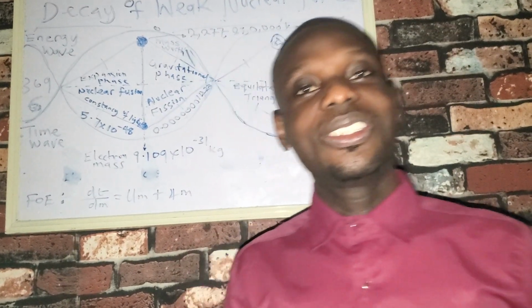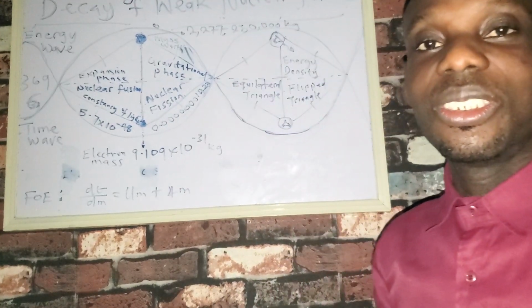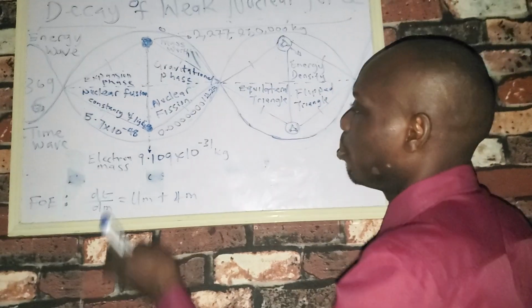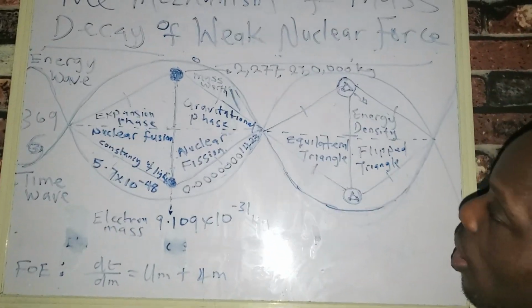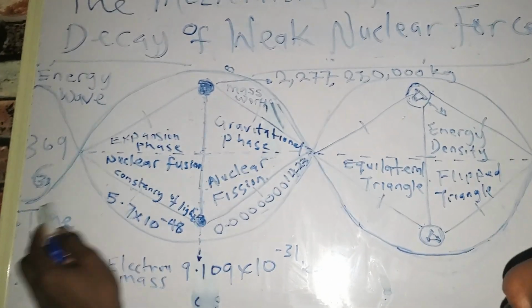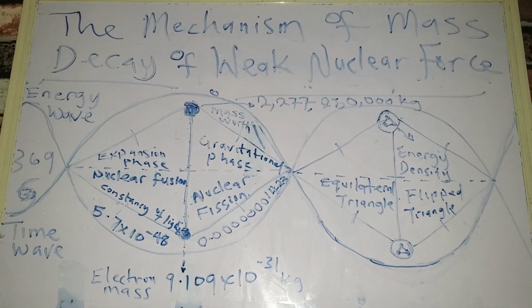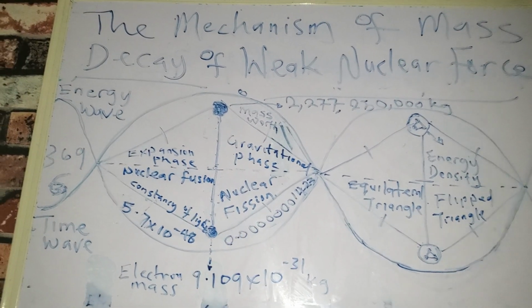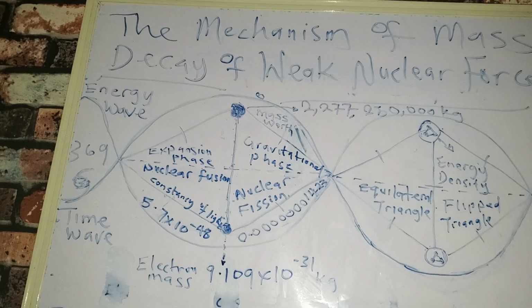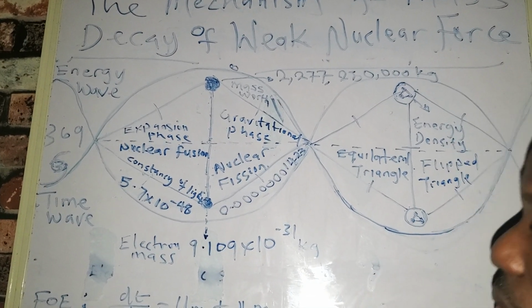So how is that in any way related to time and energy? Let's dive deep into it. Here we have energy wave traveling inversely to time wave. If you have been watching my videos, you'll be conversant with this time energy wave model. That is just the visual representation of the universe, the reality of the universe.